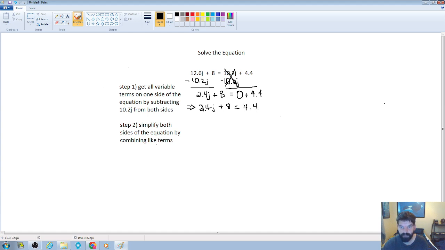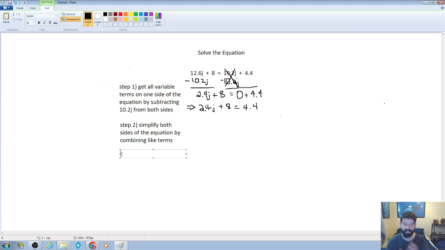So we've accomplished getting the variable on one side of the equation, which is already a big goal accomplished. Now it comes back to the overall goal of isolating the variable and having it equal one finite value.